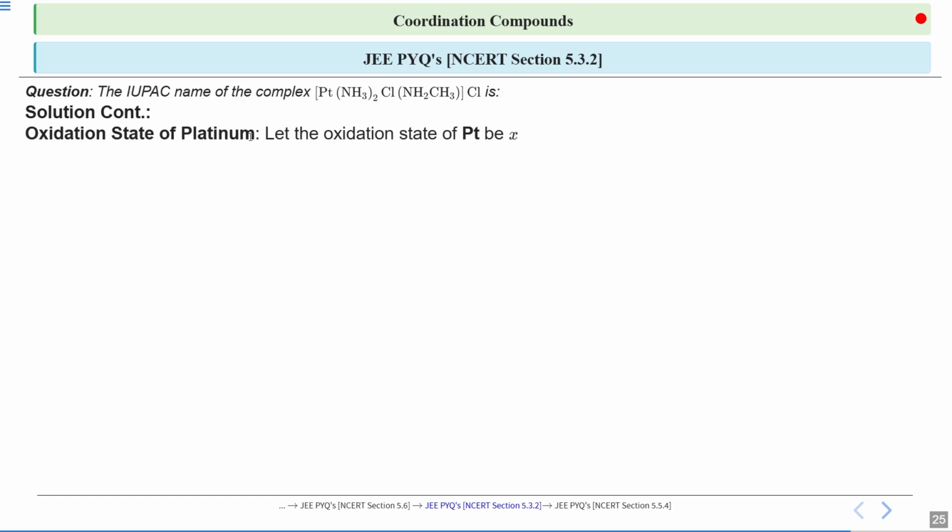The oxidation state of platinum you have to write in Roman numerals. For finding it, let the oxidation state of platinum be X. So X plus 2 times 0, because ammonia is a neutral ligand, plus 1 times -1 because chloride is an anionic ligand having -1 charge, plus 1 times 0 because NH2CH3 is a neutral ligand, equals +1, which is the overall charge on this cationic complex.